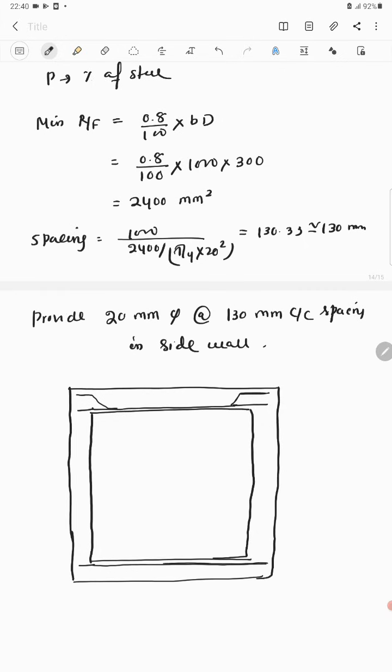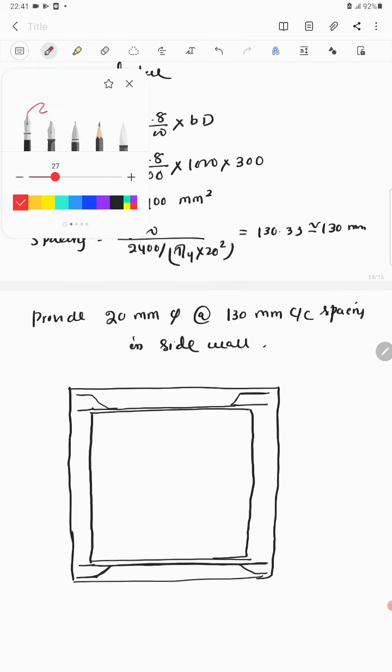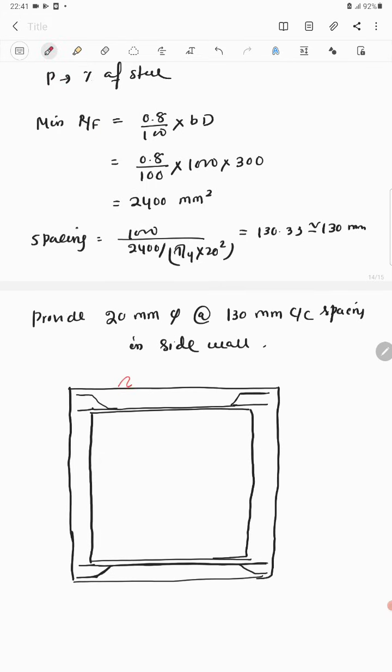So first bar will be like this, second bar, and this is the main bar, and the distribution bar.